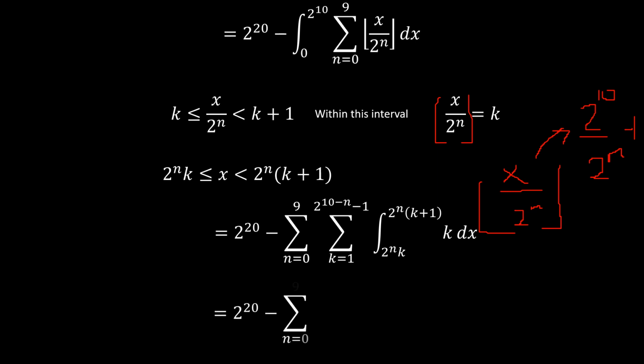So we've already deduced the first part, which is 2 to the power 20, and then since the integral of k is kx, and then we see the limits, 2 to the power n times k and 2 to the power n times k plus 1, the difference there is 2 to the power n.